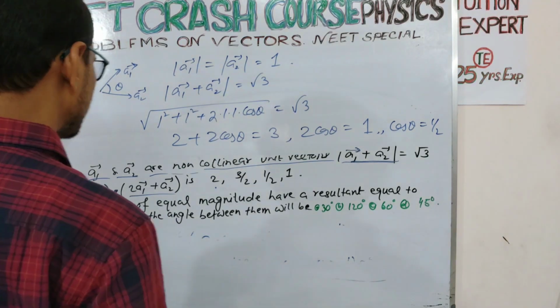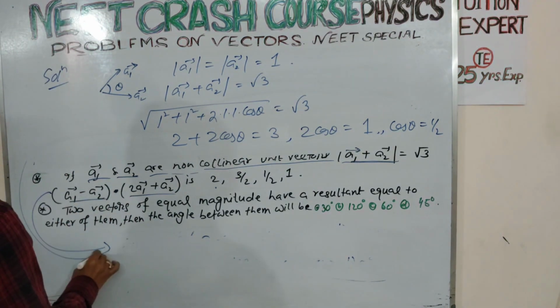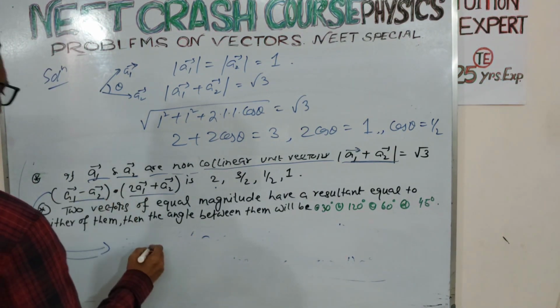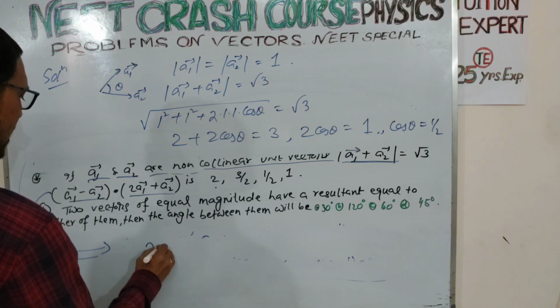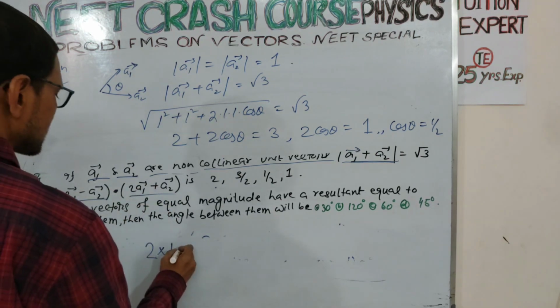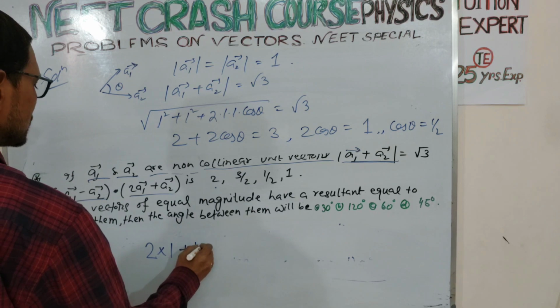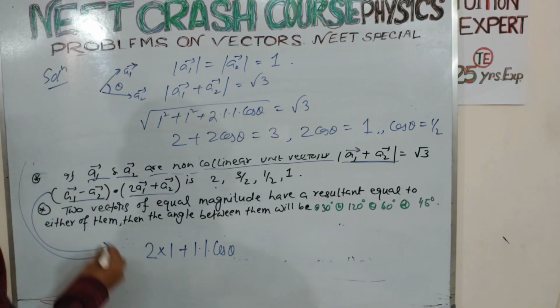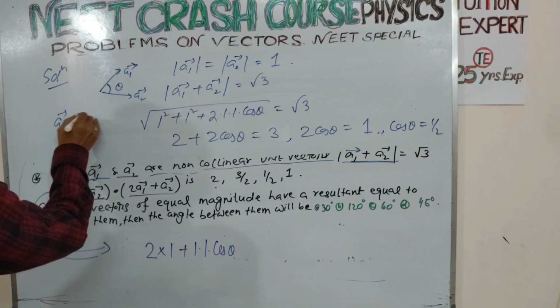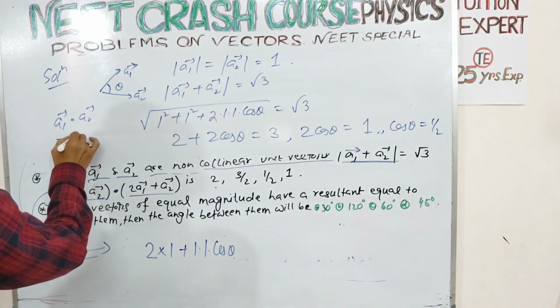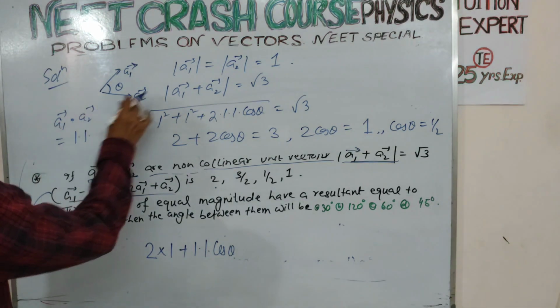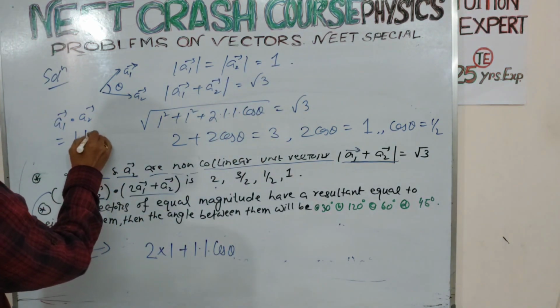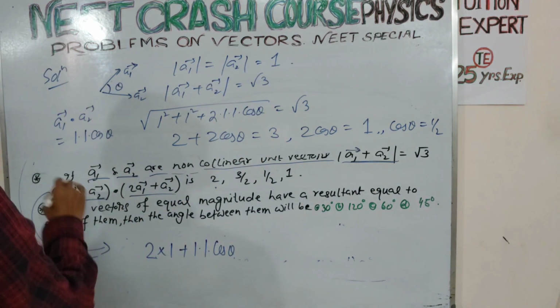Now if we multiply here, a1 dot a1 means 1, and a1 dot a2 means what? The magnitudes of a1 and a2 are 1, so it is 1 into 1 into cos theta, since the angle between the two vectors a1 and a2 is theta.